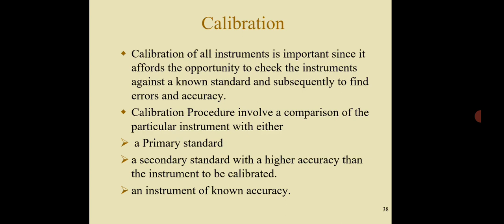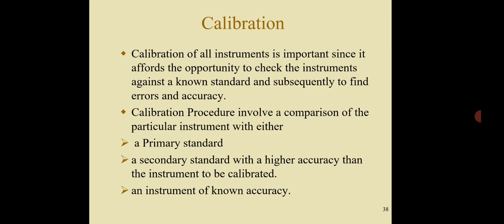A calibration procedure involves a comparison of the particular instrument with either a primary standard or a secondary standard, with a higher accuracy than the instrument to be calibrated, an instrument of known accuracy.